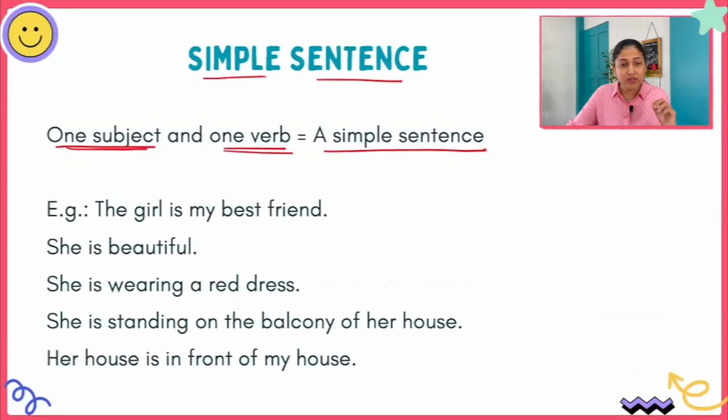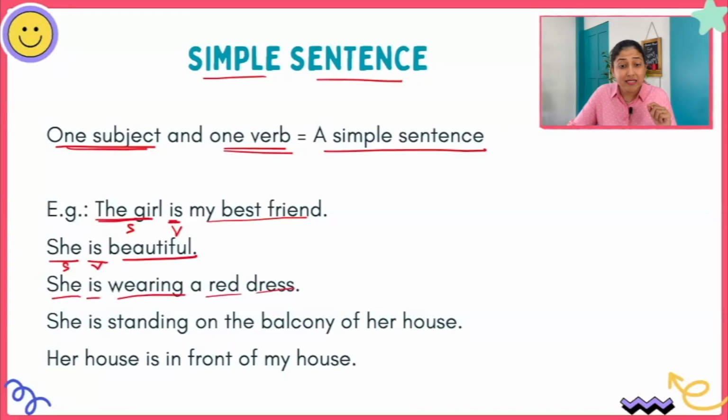Look at the examples. See, the girl is my best friend. So there is one subject, the girl, there is one verb, is. That's it. Next example, she is beautiful. Again, one subject, one verb. She is wearing a red dress.